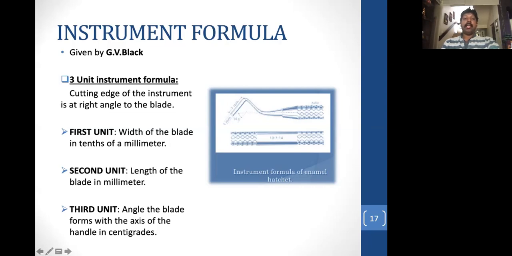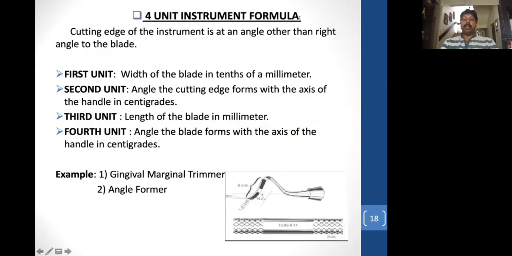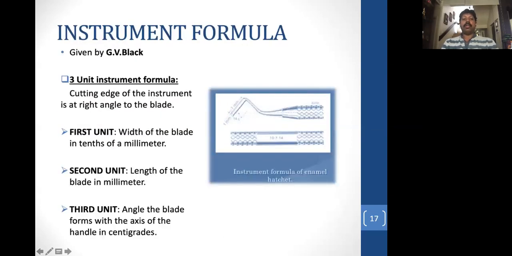So blade to the handle, this is a straight line, and this is the length of the blade. The angle formed between the handle axis and the blade, this angle, is called the third unit.